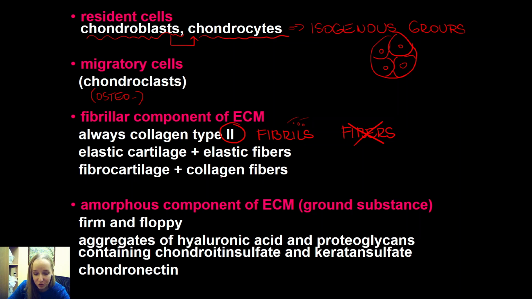Fibrocartilage also contains collagen fibers, and these are type 1 collagen fibers. When we talk about collagen fibers, we really mean type 1 collagen. Or elastic cartilage, which contains, well, elastic fibers. So that's obvious, I guess. Elastic fibers in elastic cartilage, collagen fibers in fibrocartilage.